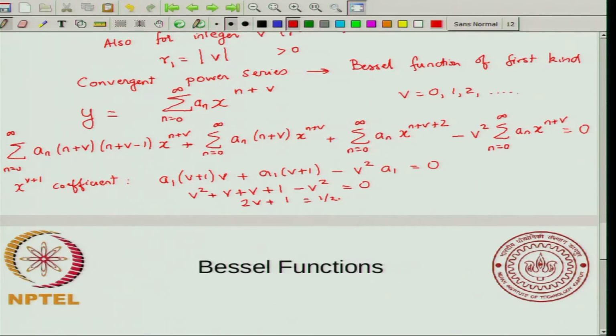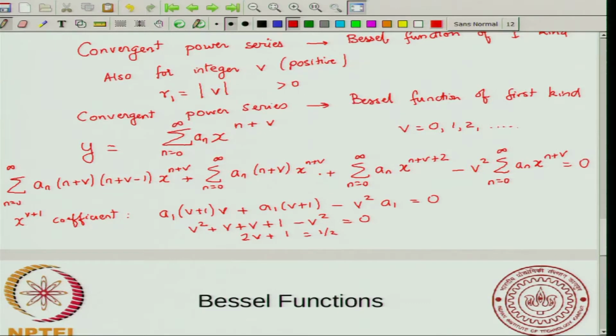In other words, when you set the coefficient of x raised to v plus 1 to be 0, you get the relation 2v plus 1 equal to 0, and you get v equal to minus half.